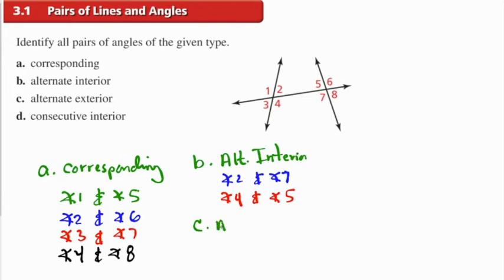C is asking for alternate exterior angles. So once again, we find the intersection, identify our transversal, and we label our regions interior and exterior.